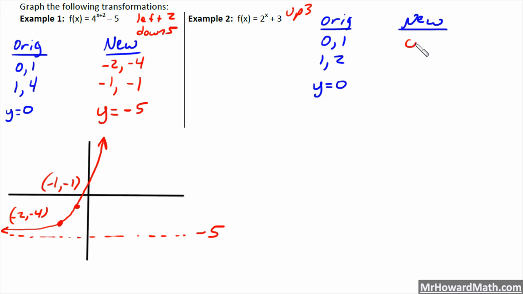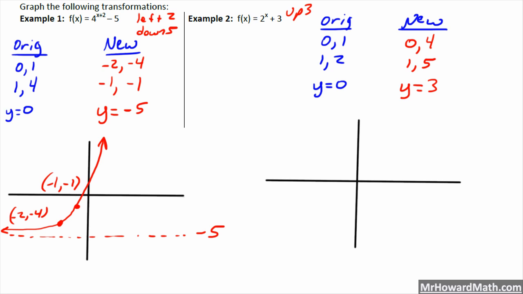So the x's will be the same. So 0 and 1 for the original x's and the new x's. So now for the new y coordinates, we need to move them up 3. It was at 1, move it up 3, it's now at 4. Was at 2, up 3, now 5. And the y equals 0 was the horizontal asymptote originally, move that up 3, so it's at y equals 3. So that's all that we need to graph this one.